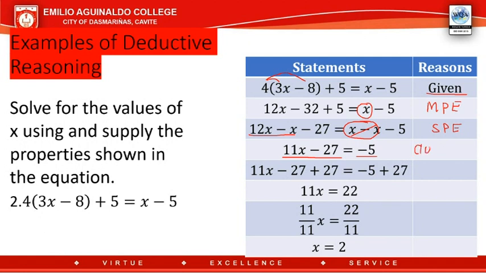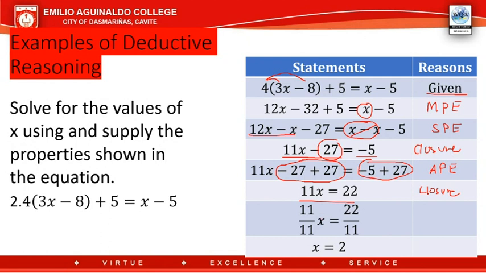Then 11x minus 27 plus 27, we are now going to use our addition property of equality, or the APE. For this part, since we want to eliminate negative 27 on the left side, we brought that to the other side. Then the next part is also a closure property of equality.